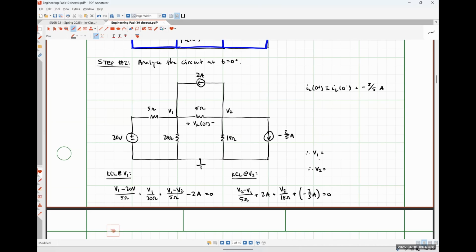In my second equation, my coefficient for V1 is -1/5. My coefficient for V2 is 1/5 plus 1/18. And then my constant term is going to be -2 plus 2/5.